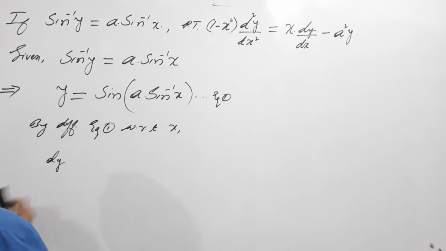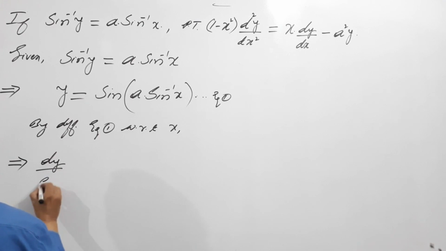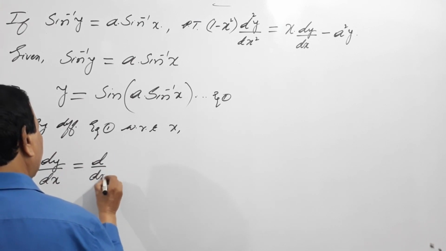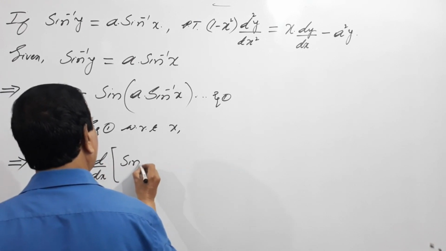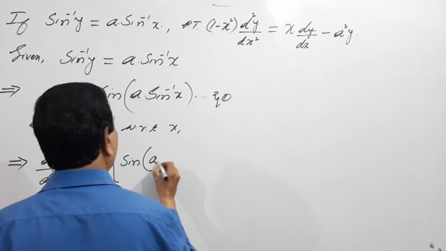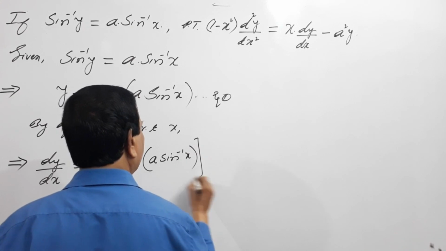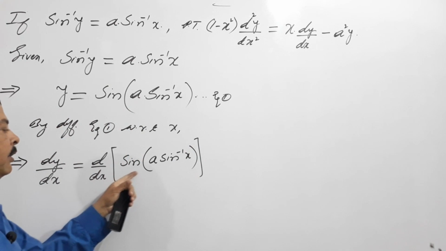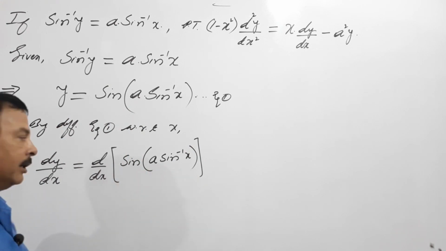That is, dy by dx equals d by dx of sine of a sine inverse x. Now we'll differentiate this. What happens if you differentiate sine of a sine inverse x? Sine becomes cos, and d by dx of the inner function. So what happens here?